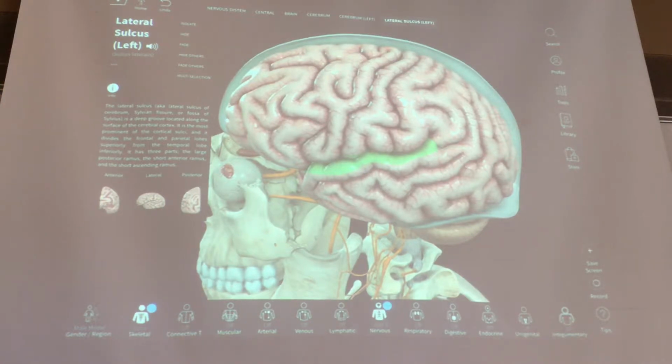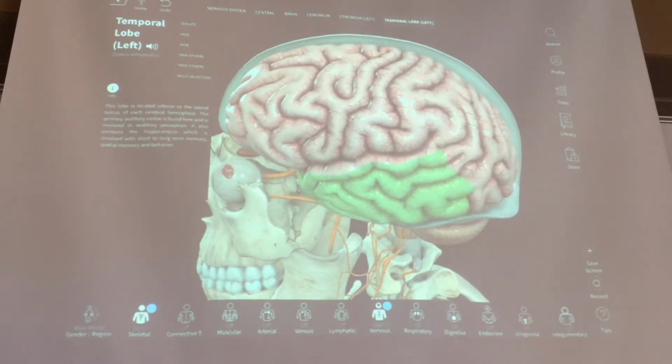You guys see that division there? So that's the lateral sulcus. And so the lateral sulcus is going to divide the temporal lobe from all of the lobes above it. So the temporal lobe is going to be down here, okay? Same thing with that temporal bone. And it's going to be just below that lateral sulcus.